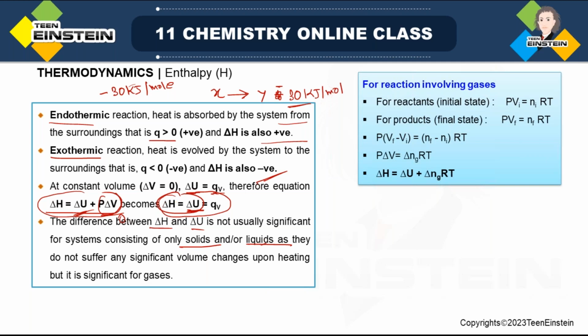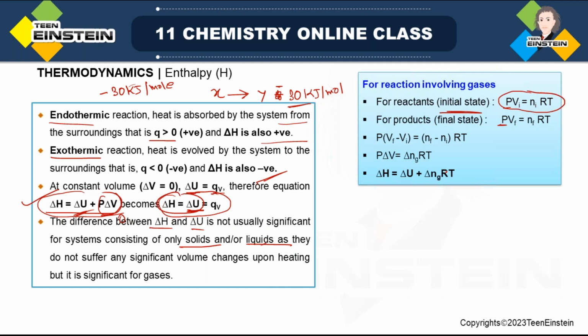Now, when it is gaseous substances, how this equation changes, we will see now. So for the initial state, from the ideal gas equation, we can write this equation, P Vi, that is the initial volume, because for the final volume P is the same, pressure is constant, only volume change we are considering, because now we are focusing on gaseous substances. So volume change is important, and when there is volume change, obviously the number of moles will also change.